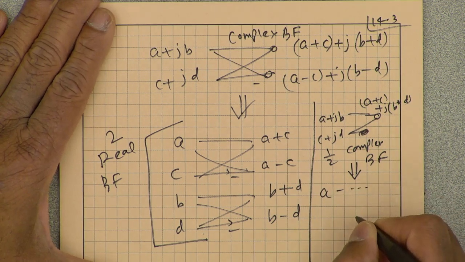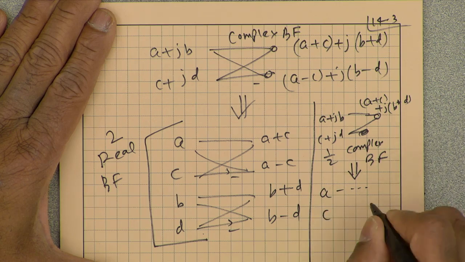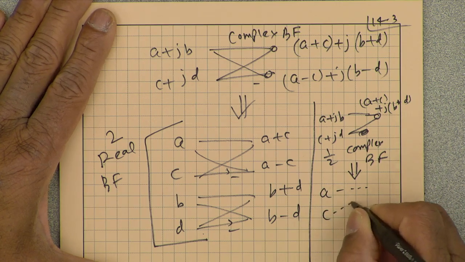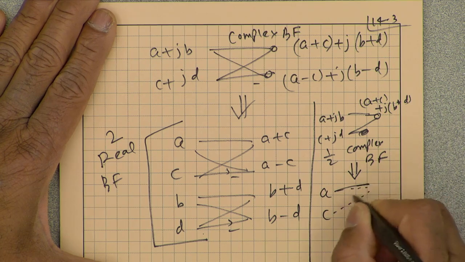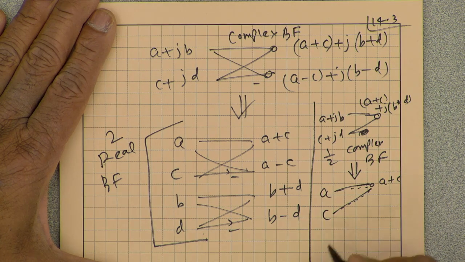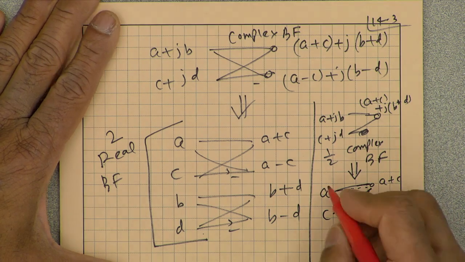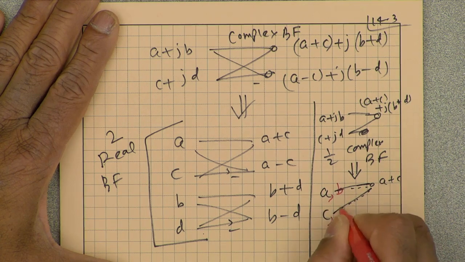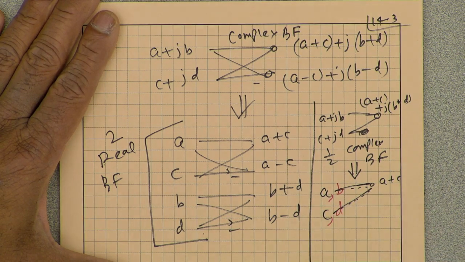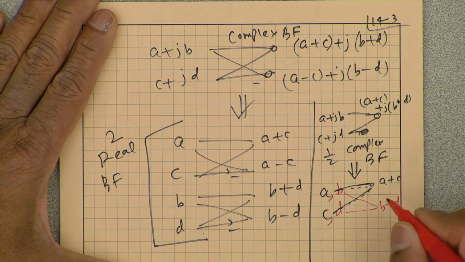Okay, so we have a and c. That's computing a plus c, and in the same location we also had b and d, and then we are computing b plus d.